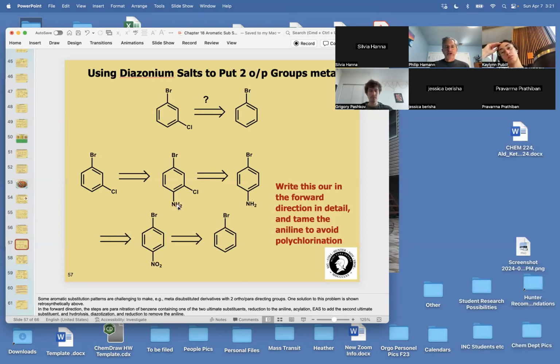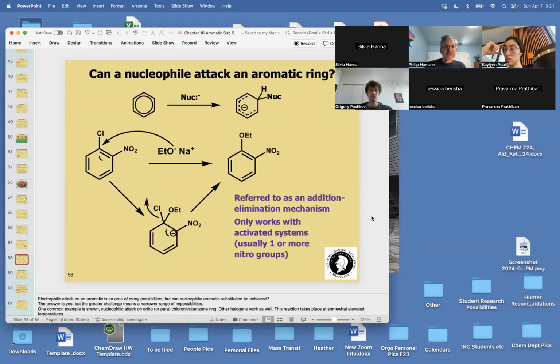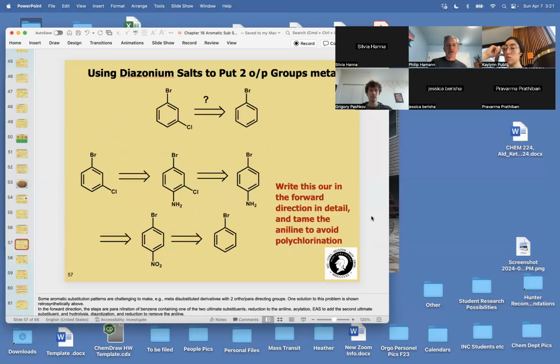And then you've got to get rid of the aniline nitrogen when you're done with it. So you do diazotization and then reduce it with hypophosphorous acid. I didn't spell this out, but you can write out the entire pathway if you want to. Yeah, it's a lot more steps, but it will save you a lot of headaches. Okay, thank you.